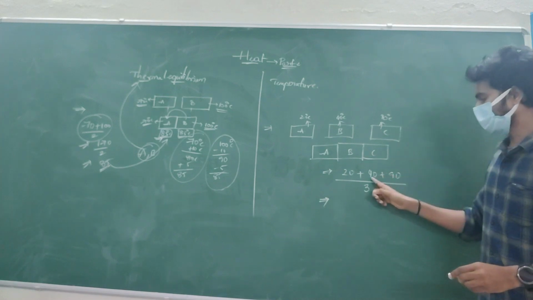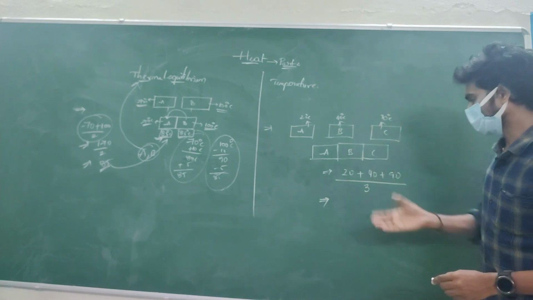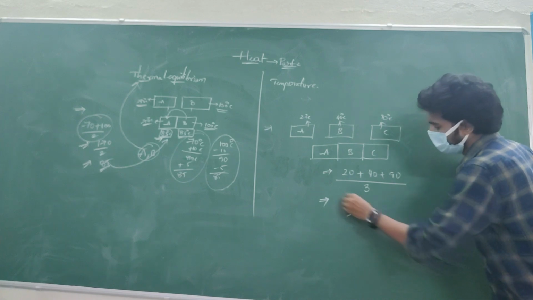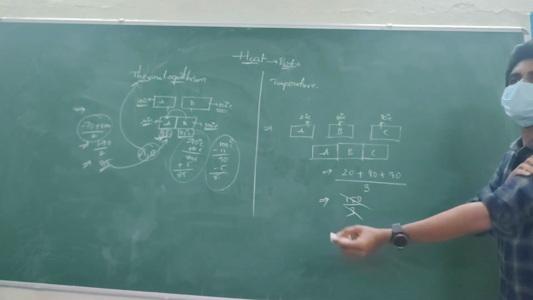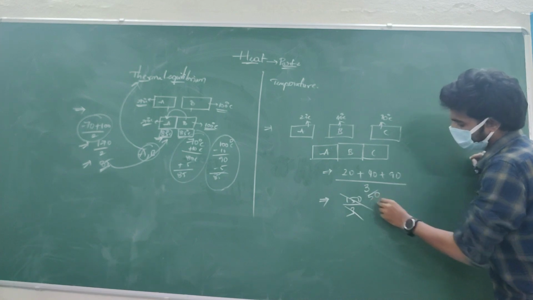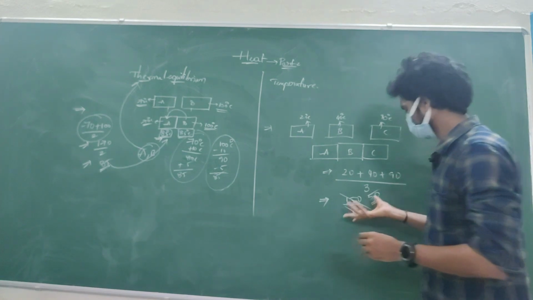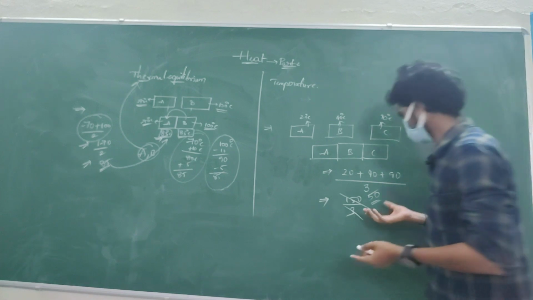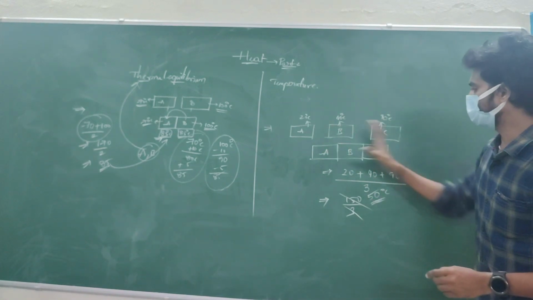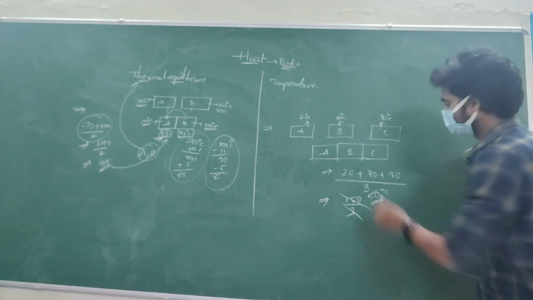We do 90 plus 40, it's 130, 130 plus 20, it's 150, divided by 3. In the 3 table, it's 50, right? 5 threes are 15, right? So, it's 50. So, the overall thermal equilibrium temperature for these three bodies is 50 degrees centigrade.